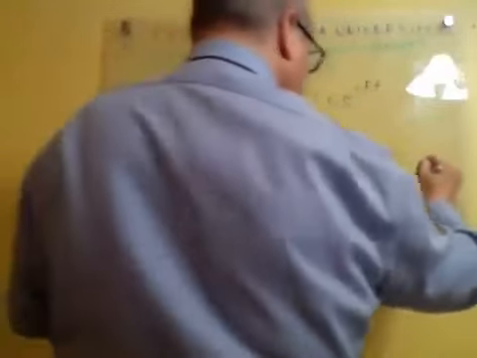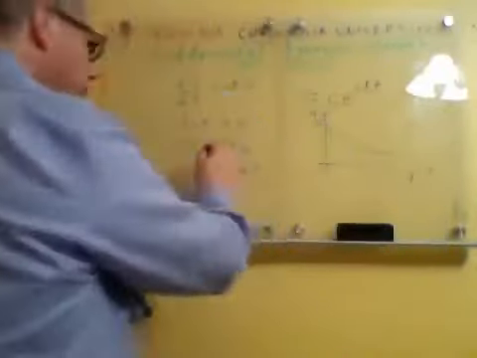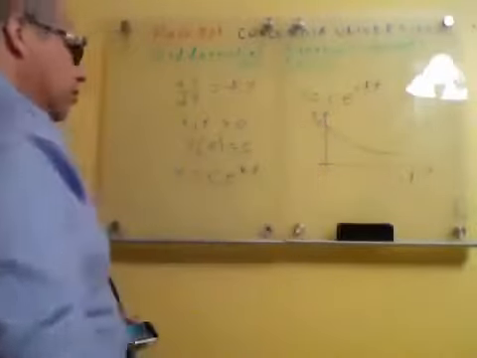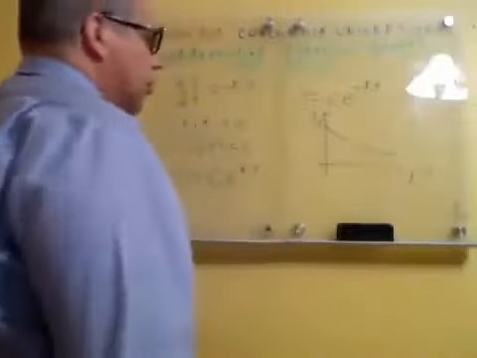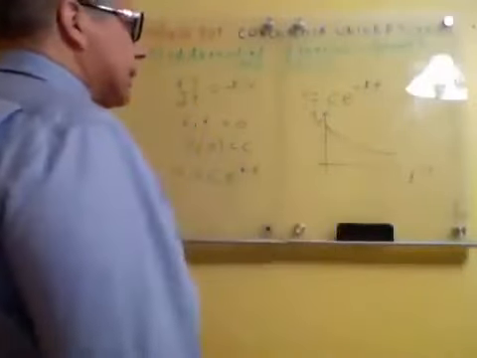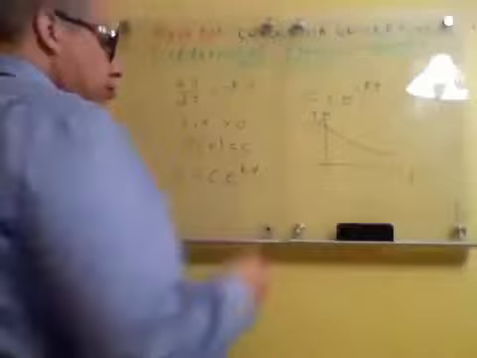And of course, here is t, and here is y, and this here is c. Because again, at t equal with 0, the y is equal with c. And this is a decay because the y is decreasing exponentially with time.